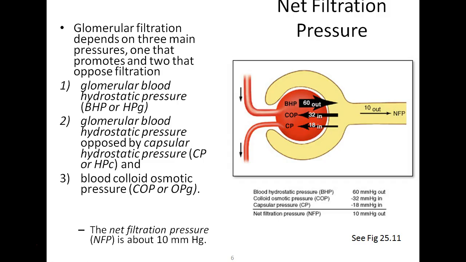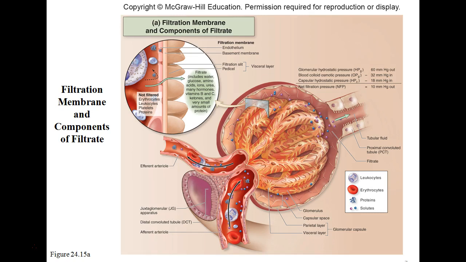Here's showing that HPG. This is also shown in this diagram as BHP. So here we see that blood pressure. That's a large net force of 60 units of pressure outwards.